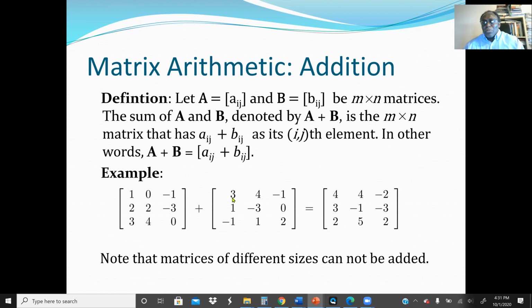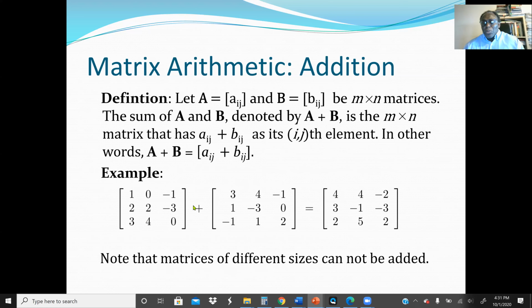Next, I'll go to the third row, first column, which means the second matrix, same position, third row, first column.